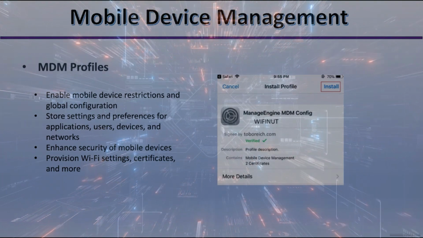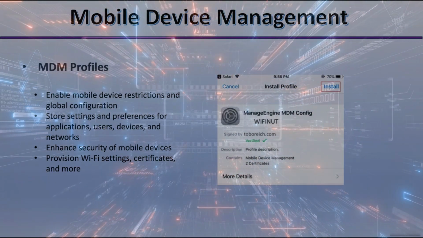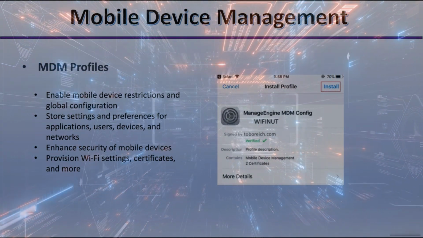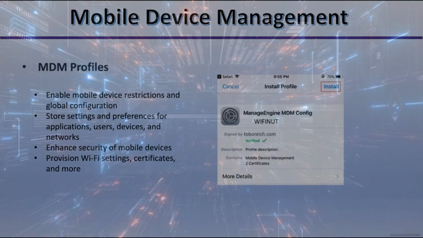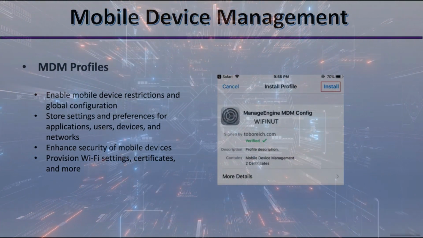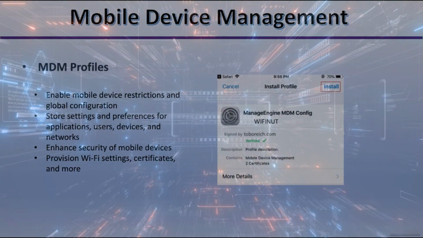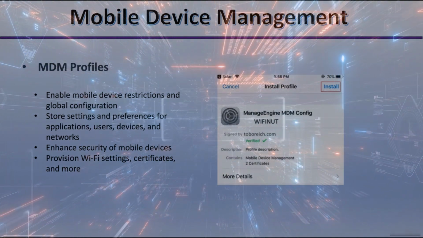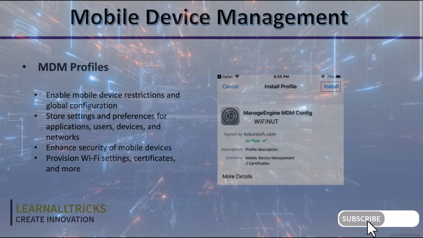MDM profiles. MDM profiles are powerful tools used to restrict and configure mobile devices, containing settings specific to users, applications, and devices. And these profiles serve as configuration files and encompass a wide range of elements, including device restrictions, email settings, VPN settings, LDAP directory service settings, and Wi-Fi settings.